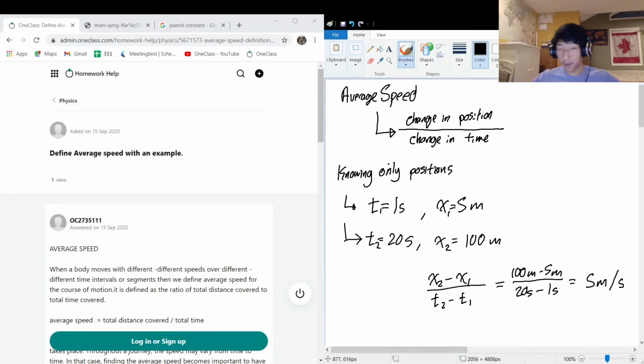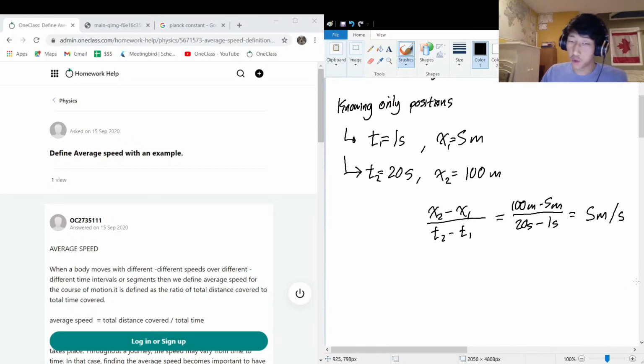Okay, that could be an example of how you get the average speed if you're given only the positions. You don't necessarily have to start at 0, but you could scale it to be at 0 if you incorporate the proper amount of factors and offsets.